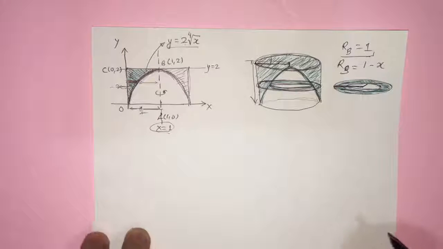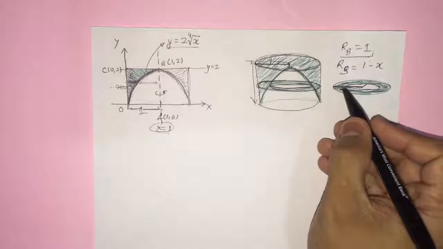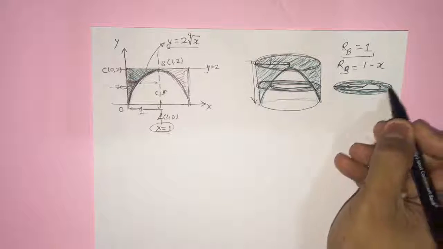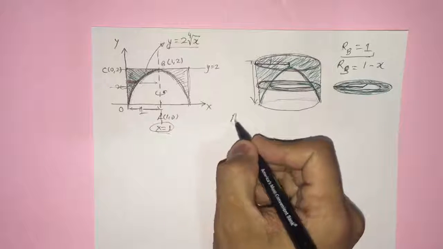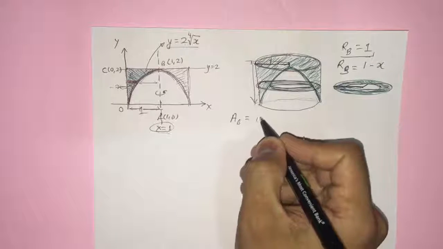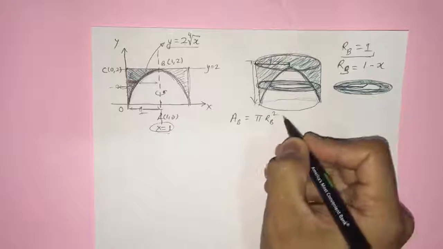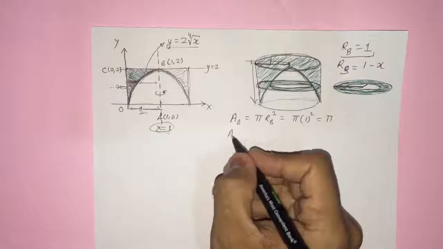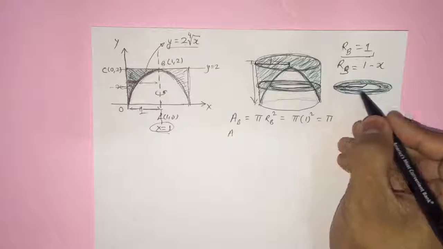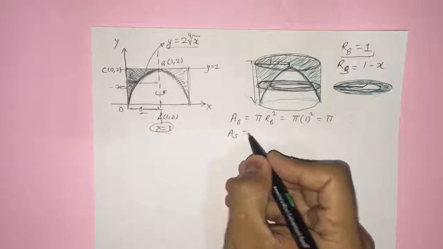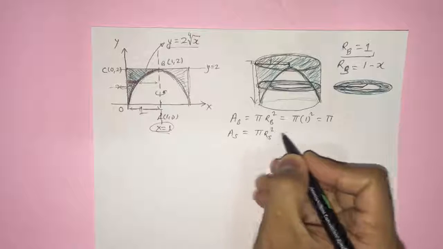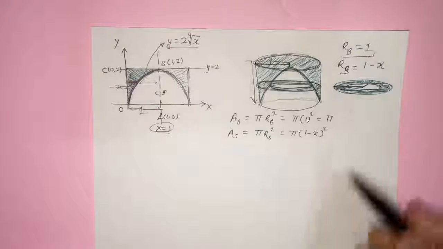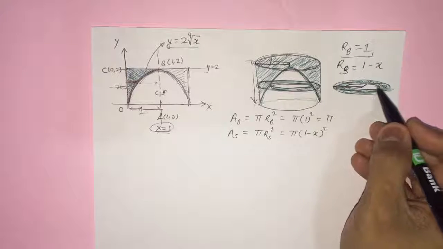Right? Now what we need is the area. So let's first find the areas of those two discs. First, the area of the big circle is pi r_b squared, which equals pi 1 squared, which equals pi. Let's find out the small area. Small area is pi r_small squared, which is pi (1 minus x) squared, right? But the small circle is not what we need.